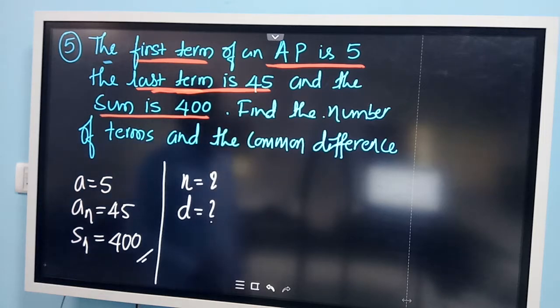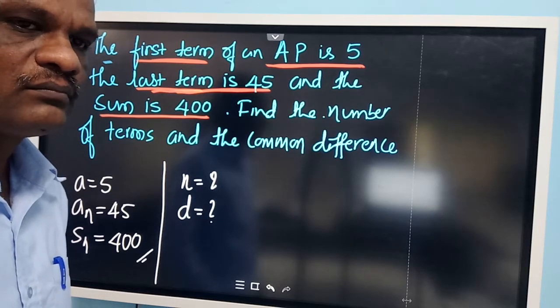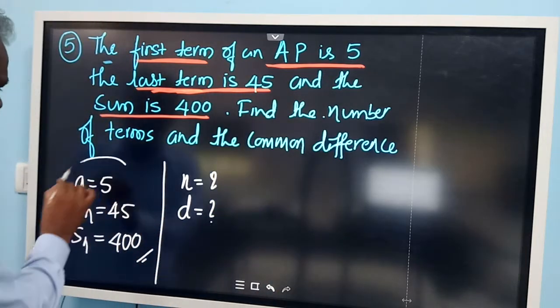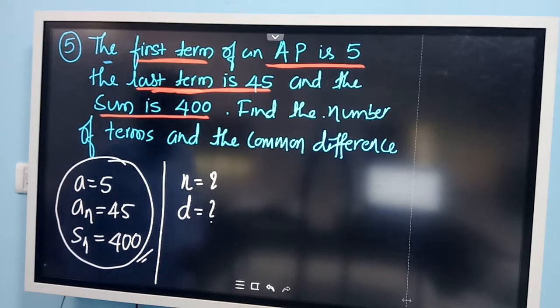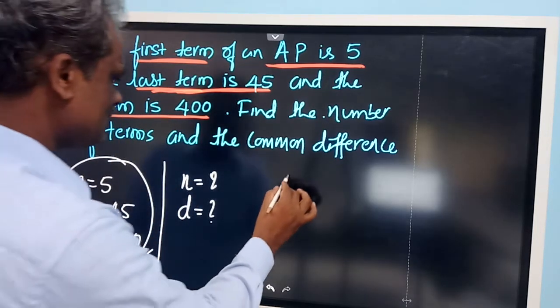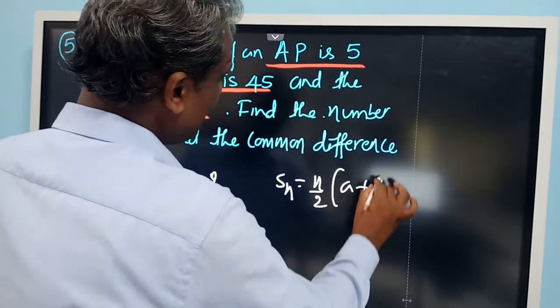The question is, n you have to calculate and d also you need to find out. So now you tell me which formula you can use here to find out n and d. Sn is equal to n by 2 into a plus l.